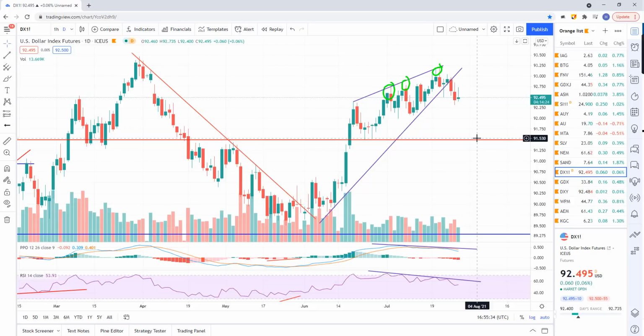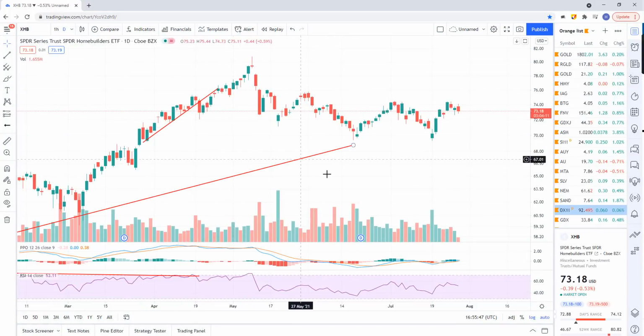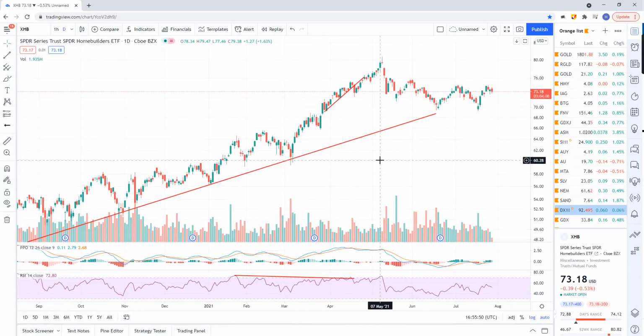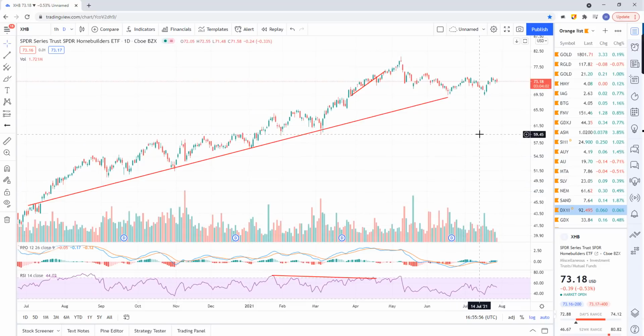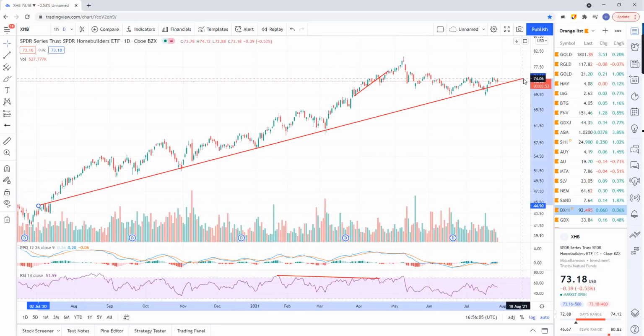The market's forward-looking, so it will treat that as if the reduction in mortgage-backed securities is happening today. If that happens, maybe you want to look at the home buying sector or the home builder sector. XHB would be an example. Mortgage rates should go up if the Fed is not buying those mortgage-backed securities, and rising mortgage rates are bad for the home builders. So you might want to look at that as a potential sell-off.